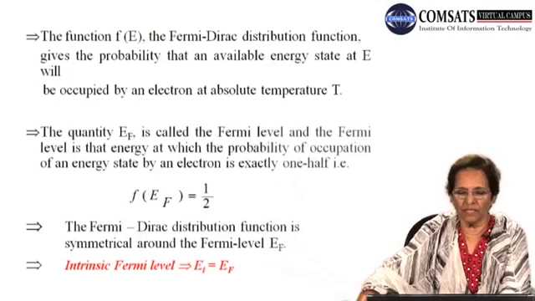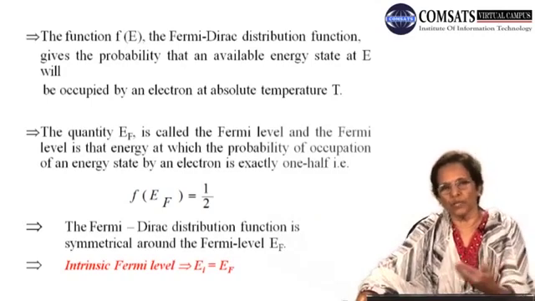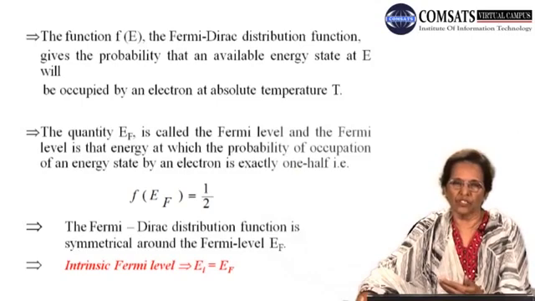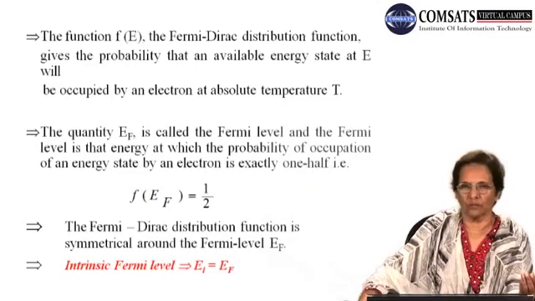The function F(E) gives us the probability that an available energy state at E will be occupied by an electron at absolute temperature T. In simple language, this function will give you the probability whether some energy state is occupied by an electron or not.